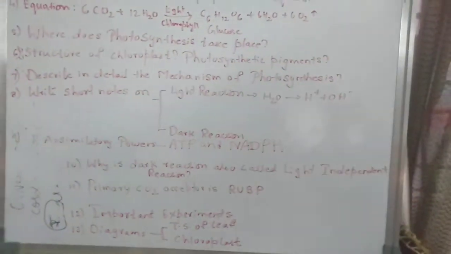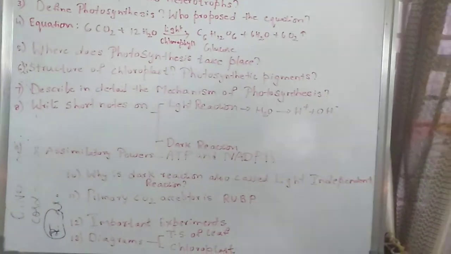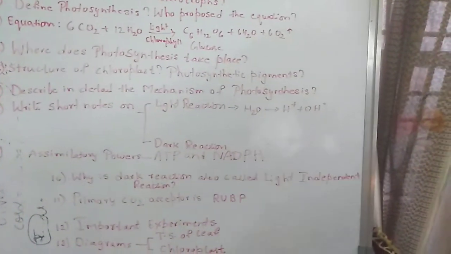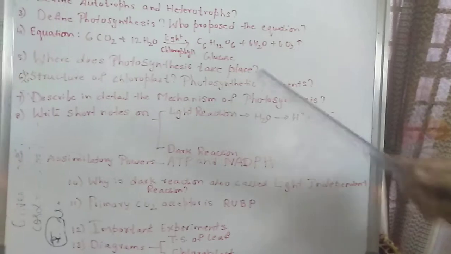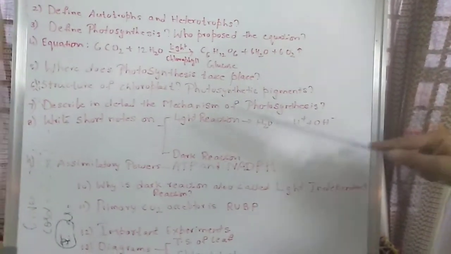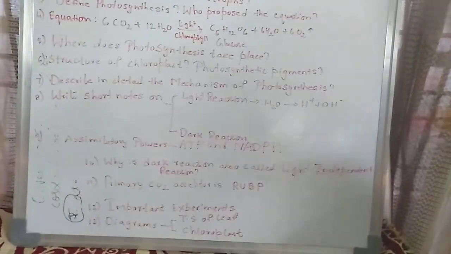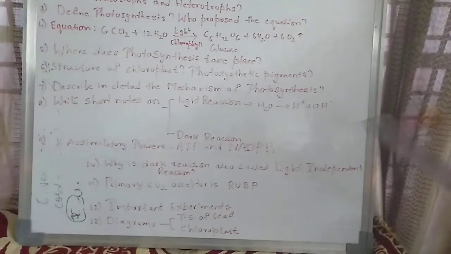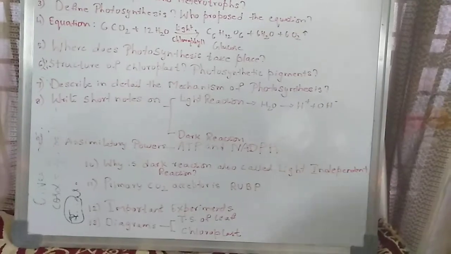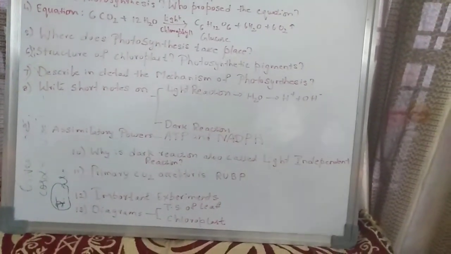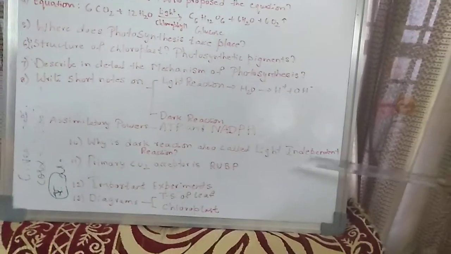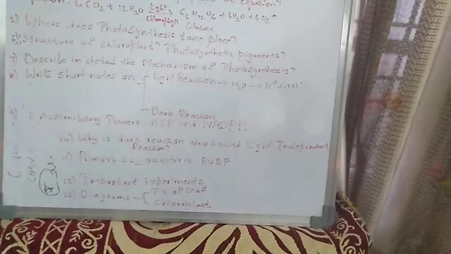At the end of light reaction, the assimilatory powers are produced, which are the ATP and NADPH, which participate in the dark reaction. The light reaction is also called the photochemical phase, which is the light dependent reaction, and it takes place in the presence of light, whereas the dark reaction is the biochemical phase and it is the light independent reaction. Why is dark reaction also called the light independent reaction?